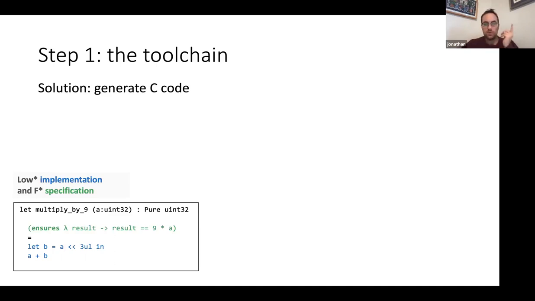So that means that you can say, for instance, hey, I have that super crazy optimized multiplication by 9 operation that's going to take a 32-bit integer and return a 32-bit integer, and I'm going to perform that crazy optimization that no reasonable compiler in their right mind would ever be able to figure out. I'm going to shift 3 places left and then perform an addition, and it's going to be super fast. So bear with me for the simplicity of the example.